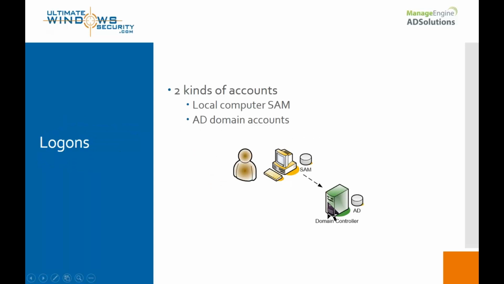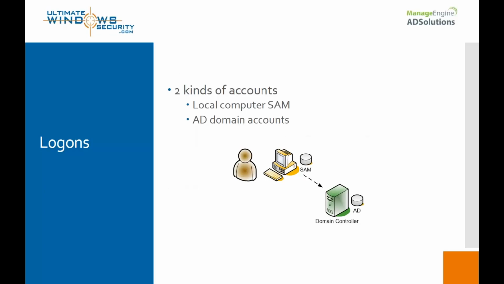First of all, we'll talk about accounts. Now, there's two kinds of accounts, right? When you walk up to a workstation or a laptop, normally you log on with your domain account. That's what we should be doing. That's why we have Active Directory and so on. But don't forget, every Windows computer out there, except domain controllers, all workstations and all member servers, have a local SAM with local user accounts in it.